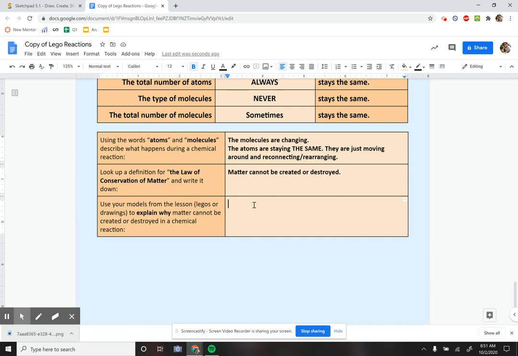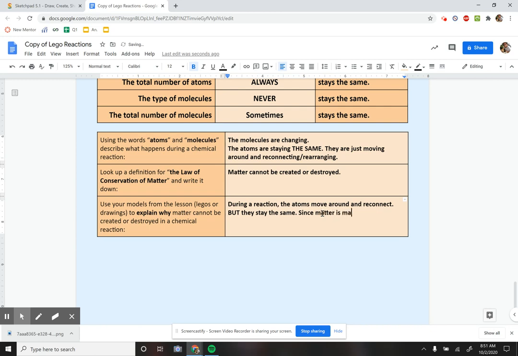And why can't matter be created or destroyed? Okay, it's because atoms can't be created or destroyed, at least not during a chemical reaction. Actually, I'm going to back up a step. I'm going to say during a reaction, the atoms move around and reconnect, but they stay the same.